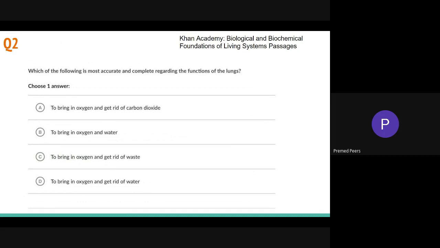We're bringing in the oxygen, we're getting rid of carbon dioxide, which is waste. But because we're not just looking for a decent answer, we're looking for the most complete, we keep going on, and then we find this one, to bring in oxygen and get rid of waste. This is true.